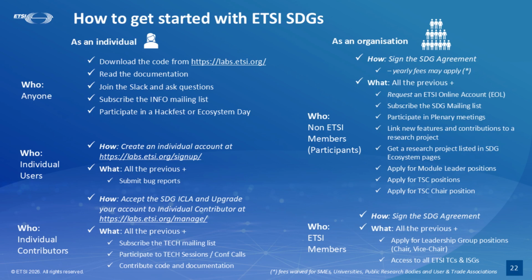Individual users can create an individual user account on the labs, which allows them to submit bug reports. To contribute to the code, they will need to upgrade their account by accepting the SDG Individual Contributor License Agreement.